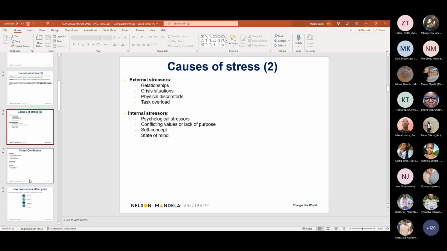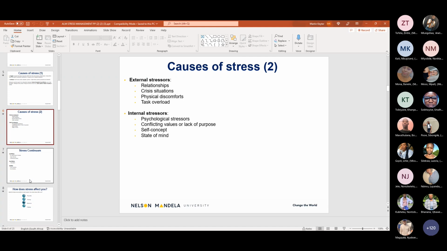You perhaps did not necessarily in any way cause the external stresses to appear or develop. However, since you don't have any choice apart from managing it well, that is regarded as an external stressor. Internal stresses are psychological stresses.